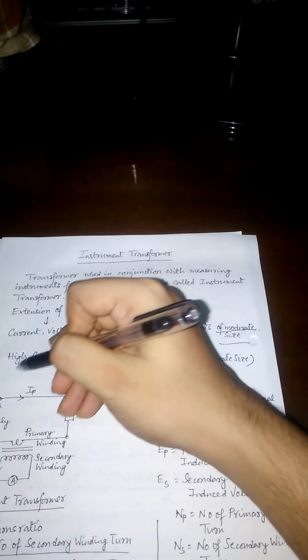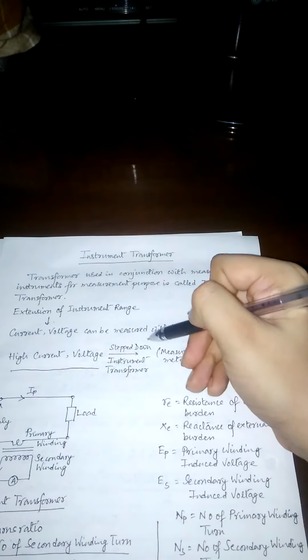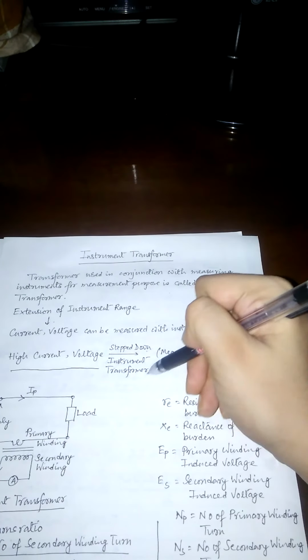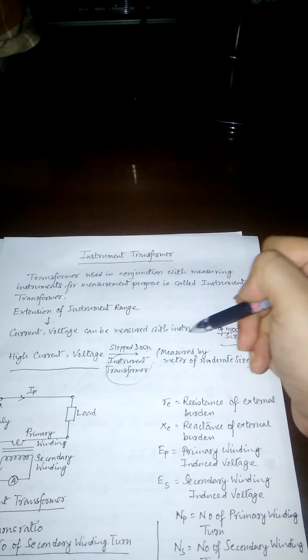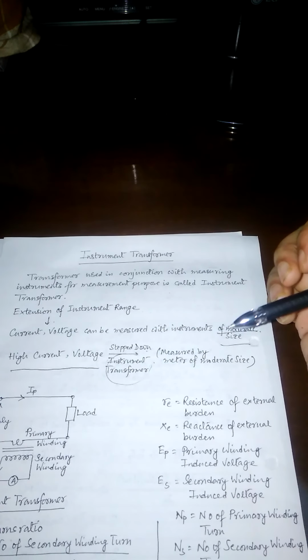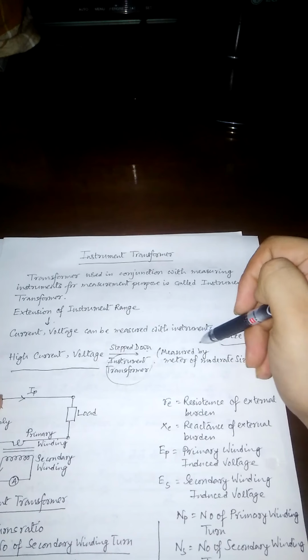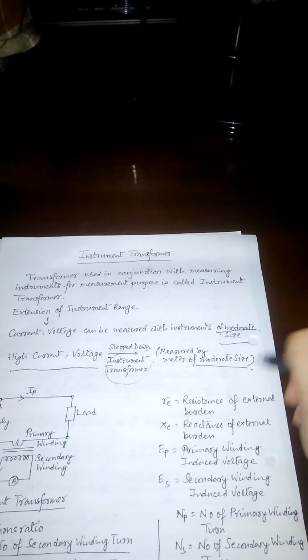The high current and voltage are stepped down by this instrument transformer, and then that particular stepped down current or voltage can be measured by a meter of moderate size.